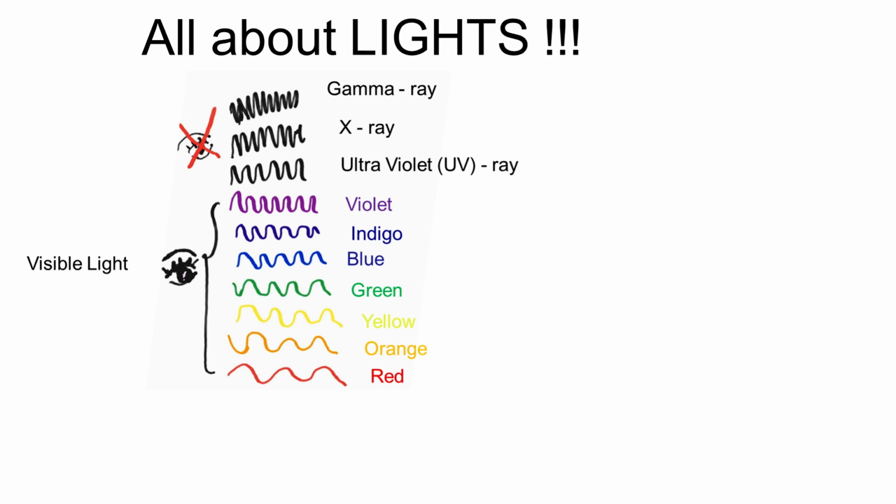X-rays you get at the hospital. Even though you do not see the X-ray, it is a penetrating light going through your skin and bones. Gamma rays come from an atomic bomb explosion in large amounts. It's so strong we cannot survive.